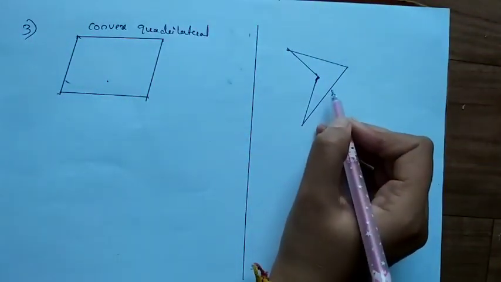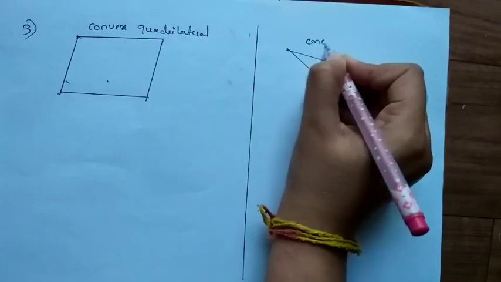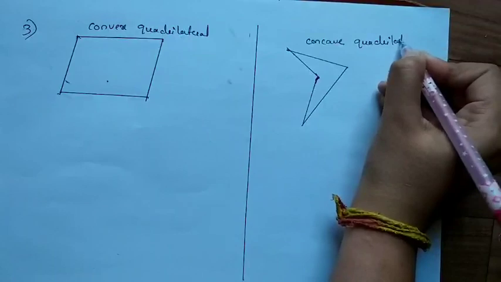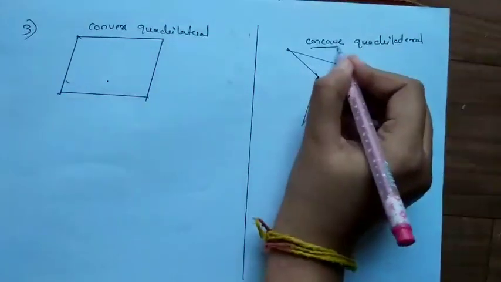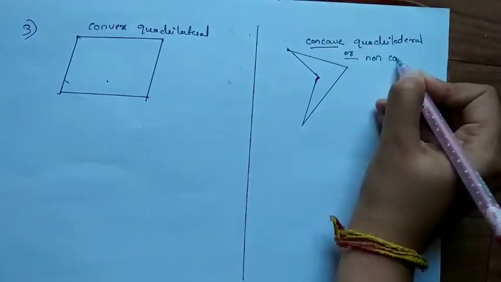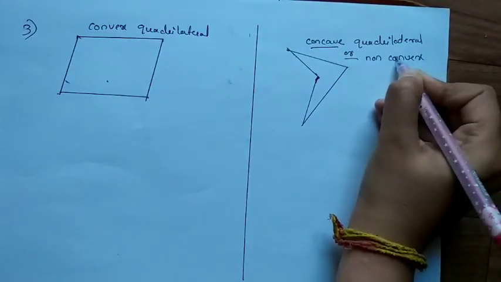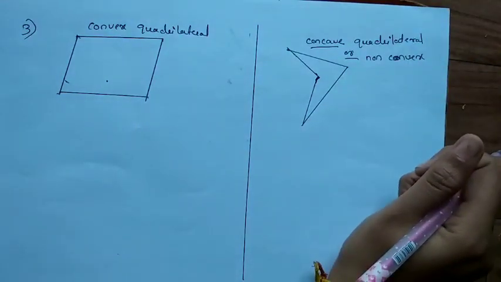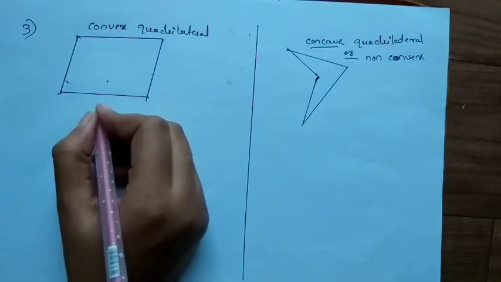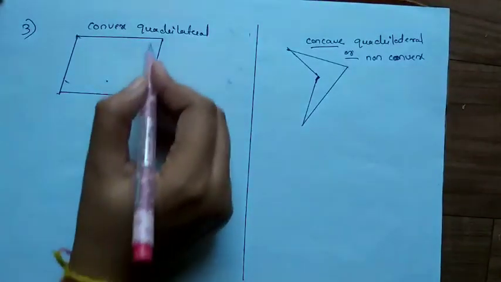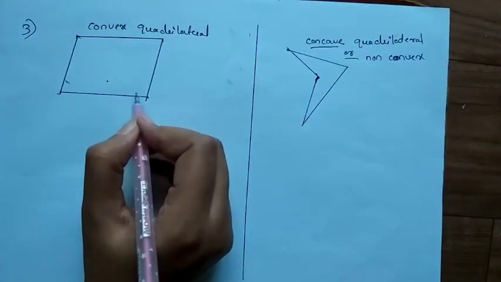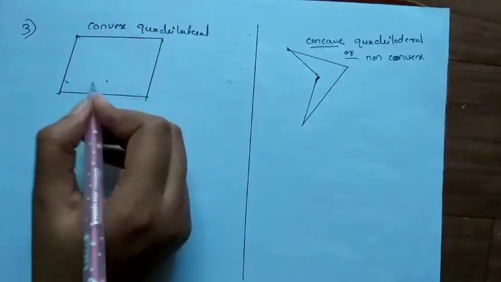This type of figure is said to be a concave quadrilateral, also called non-convex. So here, what do we have to show? The sum of the angles of a convex quadrilateral is how much? 360 degrees.